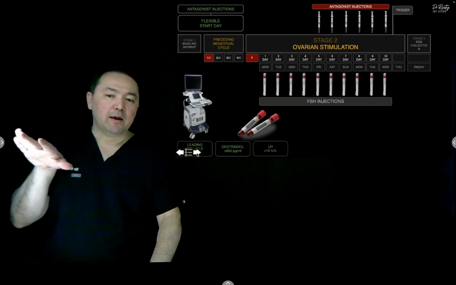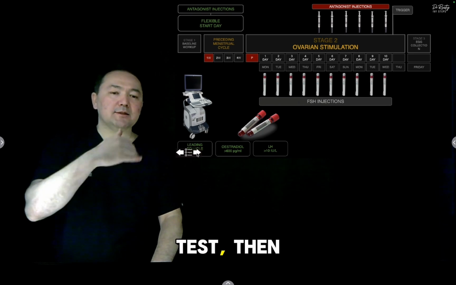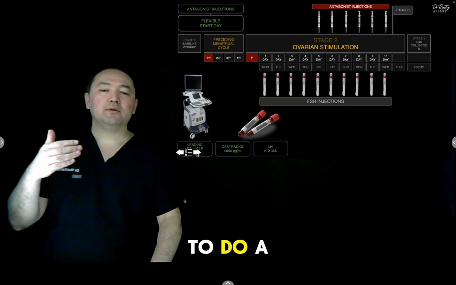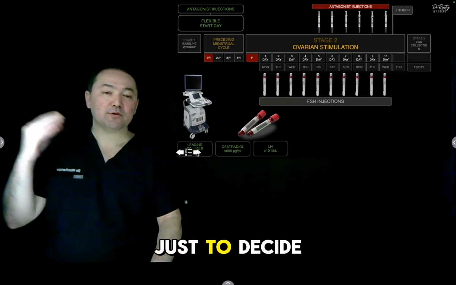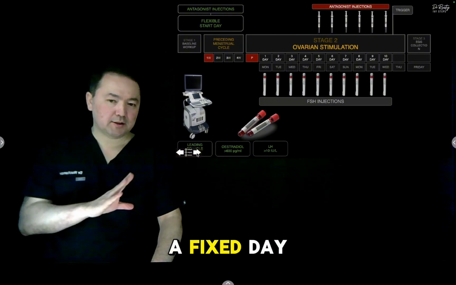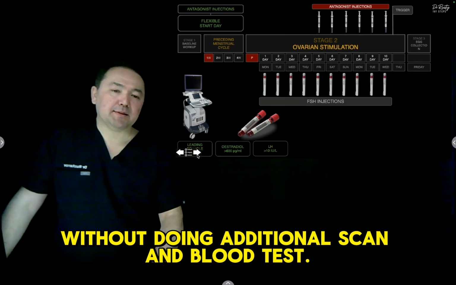If you don't have any of these, you continue injections, then repeat the scan and blood tests. The downside of this flexible start is you may need a number of scans and blood tests just to decide when to start antagonist. It's far simpler to do a fixed day start without additional scans and blood tests.